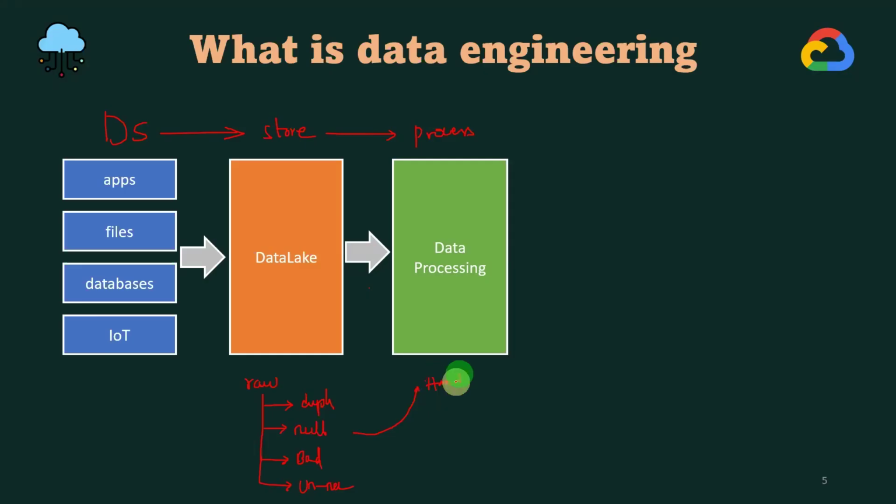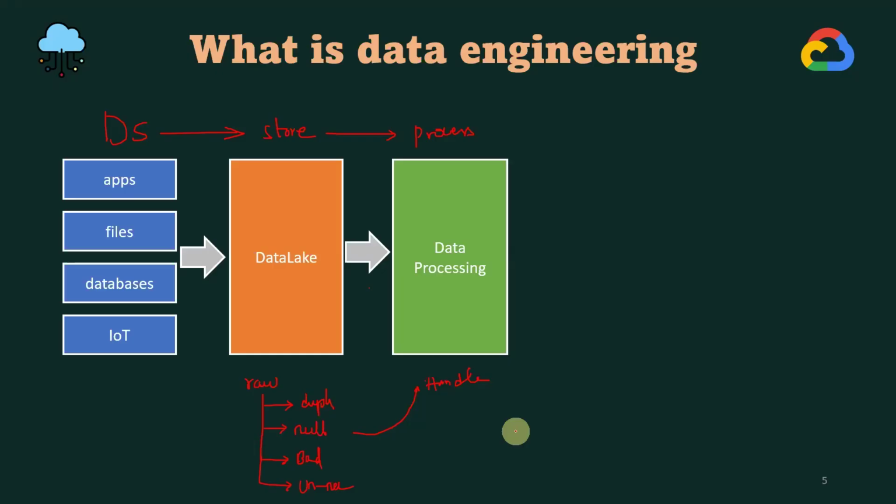We are going to remove the duplicates, handle the null values, remove the bad records, and remove the unnecessary information. We handle all of these using different big data frameworks nowadays, such as PySpark or pandas. We use those frameworks to process the data properly.